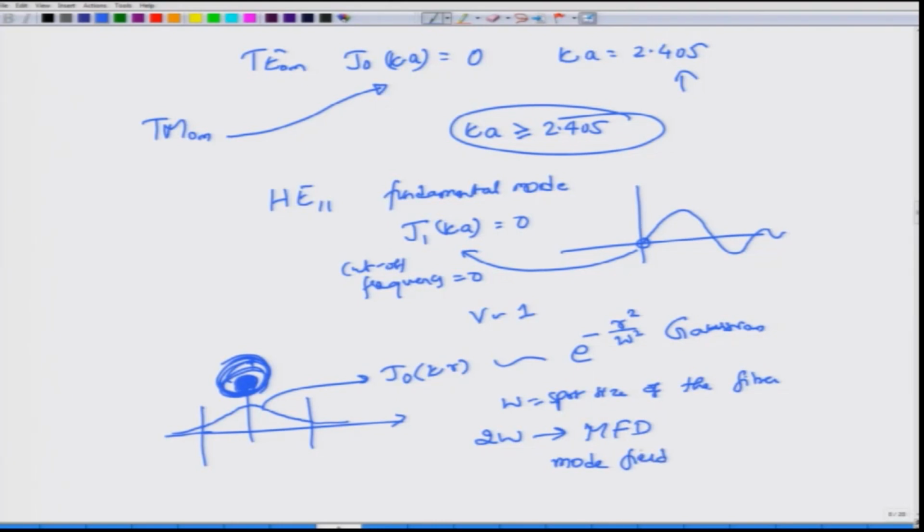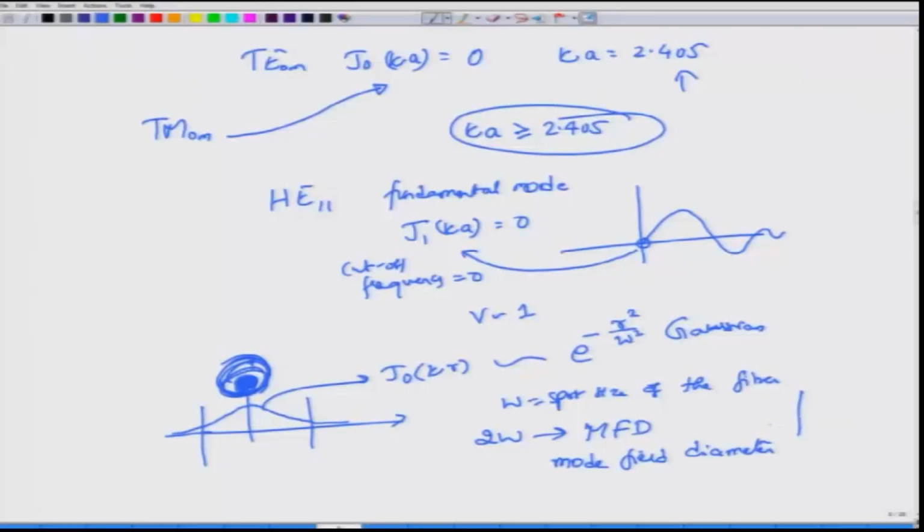And when you match two fibers, this mode field diameter must be matched as accurately as possible, otherwise you will have a lot of problems. Interestingly, this mode field diameter depends on the V number of the particular mode that is propagating. At least for the fundamental mode, the V number has to be very close to 2 in order to have a well confined field.